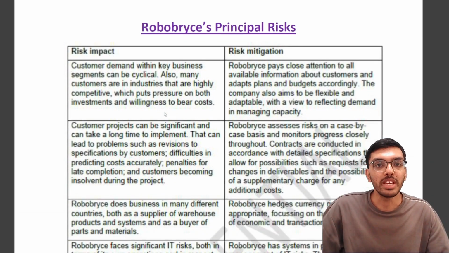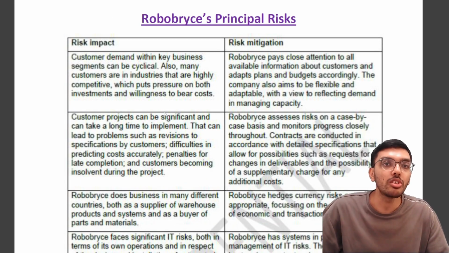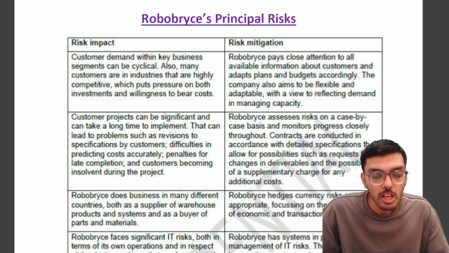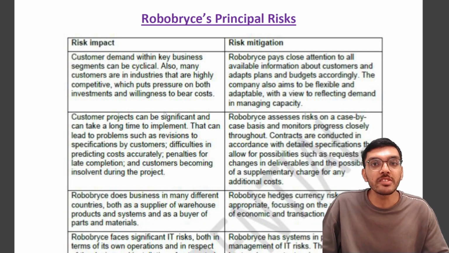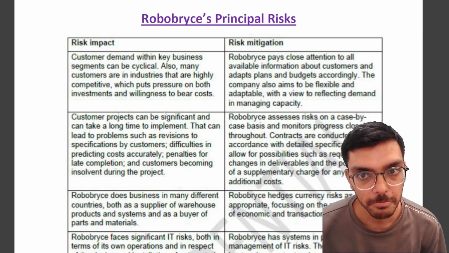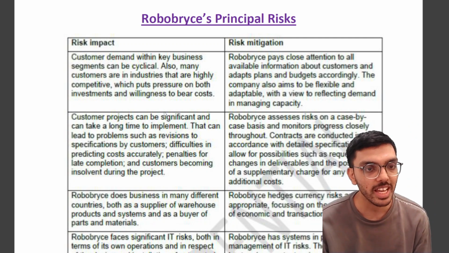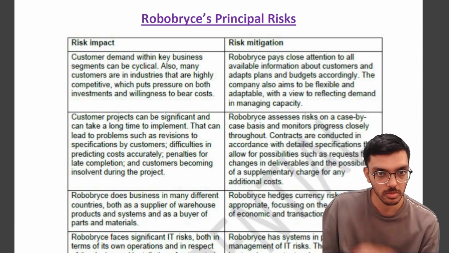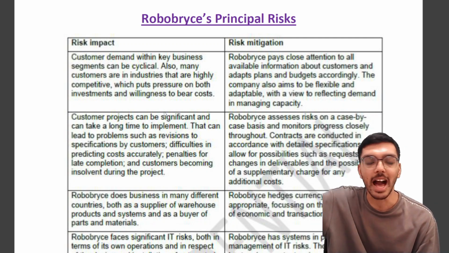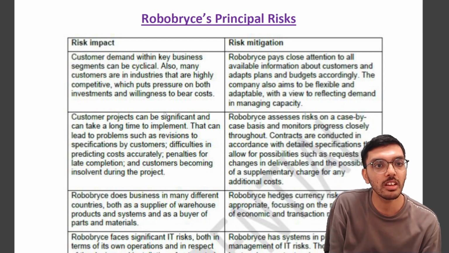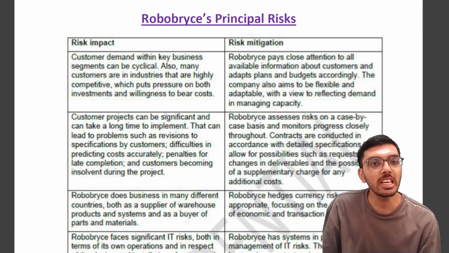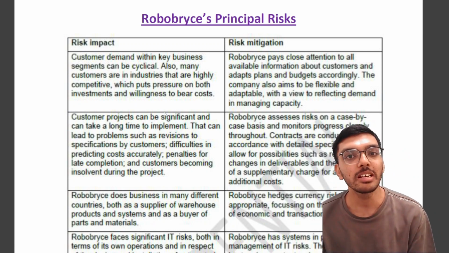After this, we have Robobryce's principal risks. So they have mentioned some principal risks for my company. First risk is customer demand within key business segments can be cyclical. Some months it's high, some months it's low. So many customers are in industries that are highly competitive.